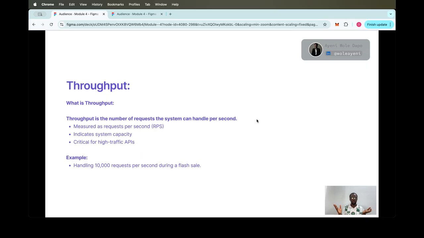Secondly, throughput. What does this mean? Throughput is the number of requests your system can handle per second. It is measured as RPS, that's requests per second. It helps you quickly identify the capacity of your platform today.